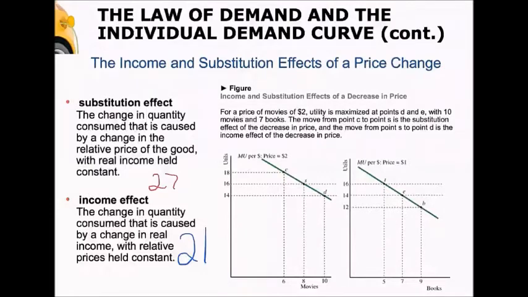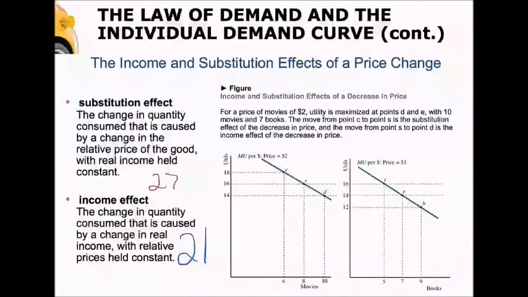If we go from point C to point S, we're getting 8 movies at a price of $2 each. That's $16 worth of movies. And that leaves us $5 to buy books, which would get us 5 books, and that would give us a marginal utility per dollar of 16 for books and 16 for movies.